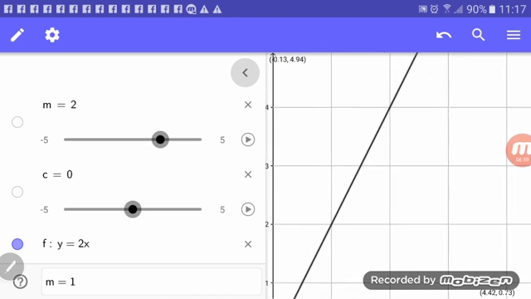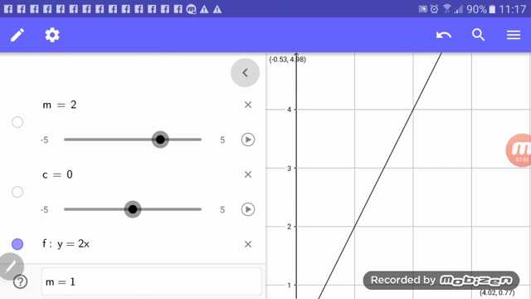Let's look at the next one, shall we, from there? So from the point 1, 2, remember in our coordinates we're always taking it in alphabetical order. So that means x comes before y in our coordinates, and we have to have the brackets around it as well. So if we take it from 1, 2, let's go rise.